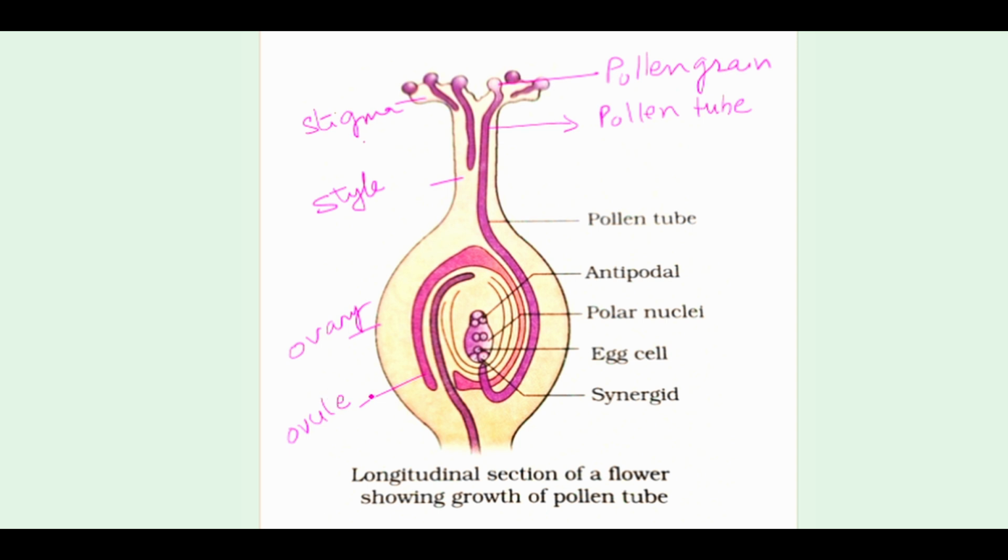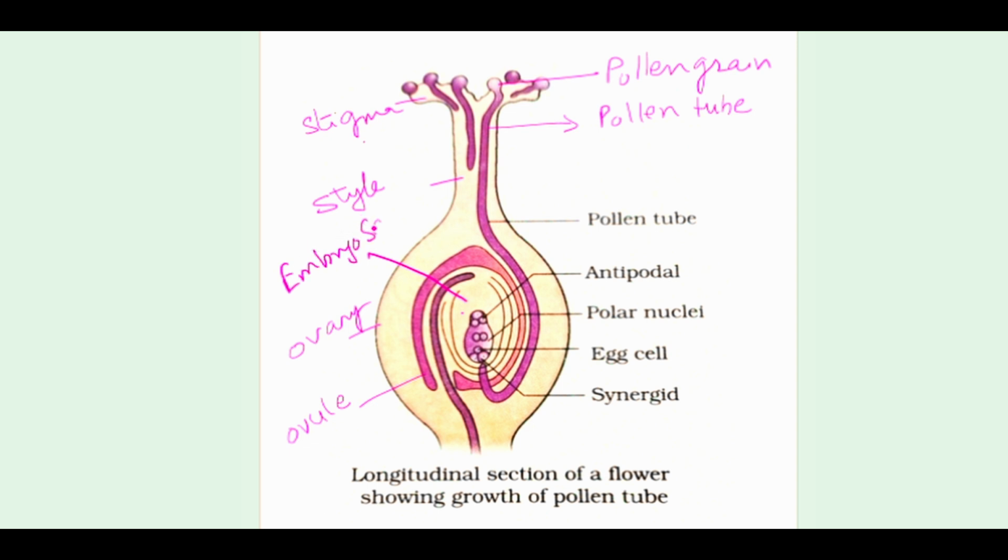Now inside the ovule, the final destination is present where fertilization takes place, and this final destination is called what? This structure is called the female gametophyte or embryo sac. What is exactly happening in the embryo sac?